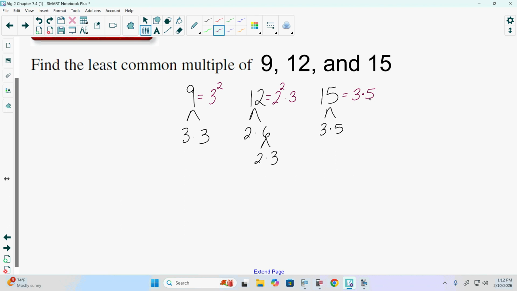So this time I've decided to write them in actual prime factorization form. We don't normally write it as 3 times 3, it's 3 squared. Now for least common multiple, we take which one has the most of each factor.